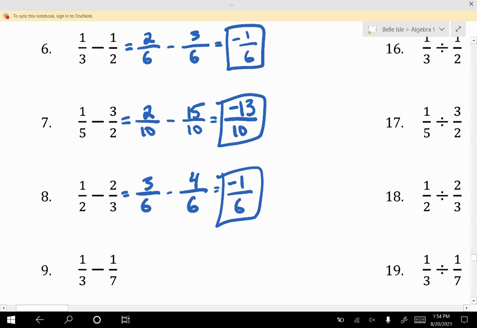To get 6 on this bottom part, you multiply the top by 2 and the bottom by 2. Everybody good with these, or do we still need them a little bit? I'll leave up here another 30 seconds or so, and then I'll put the solutions up there for 11, 12, 13, and 14.